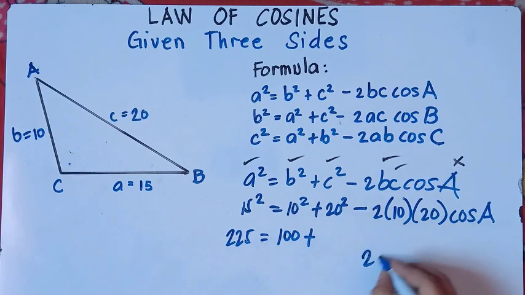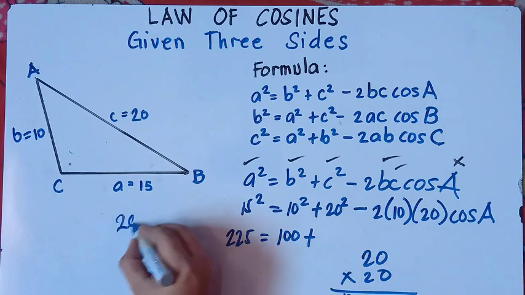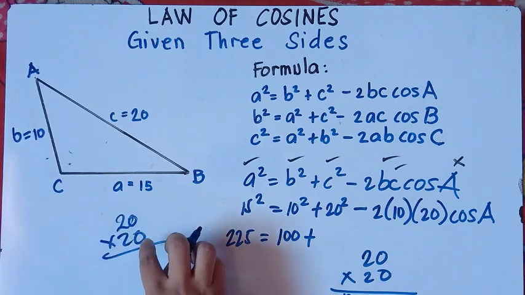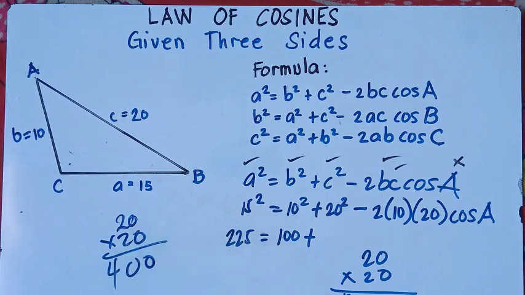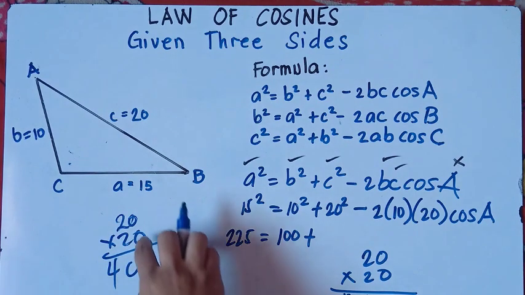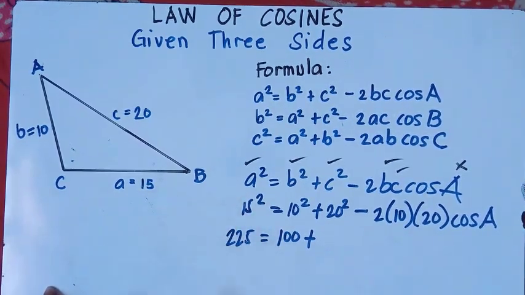To make it simple, 20 times 20, you just copy 2 zeros, then 2 times 2 is 4. That's the shortcut, class: copy the zeros, then multiply the whole numbers. Or you can just use the calculator.